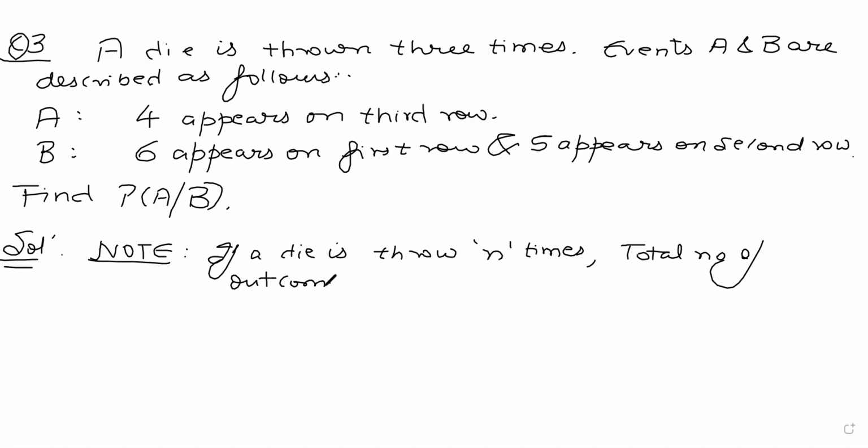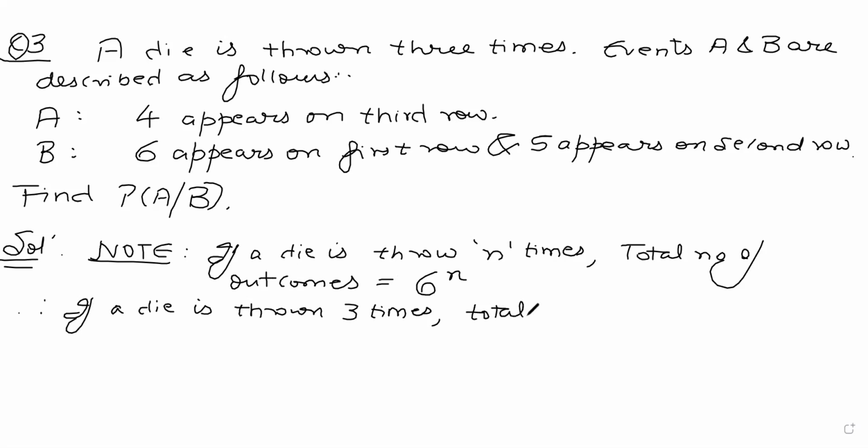All students can write this formula in general. Therefore, if a die is thrown 3 times, the total number of outcomes in the sample space is 6 to the power 3, which is 216. These are my total outcomes of this experiment.